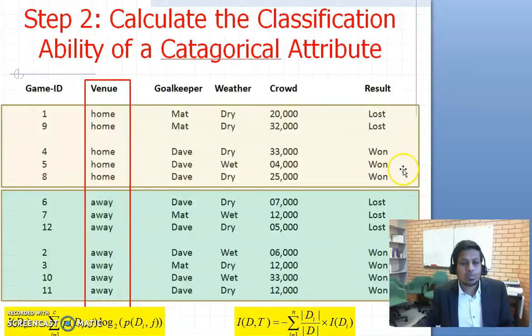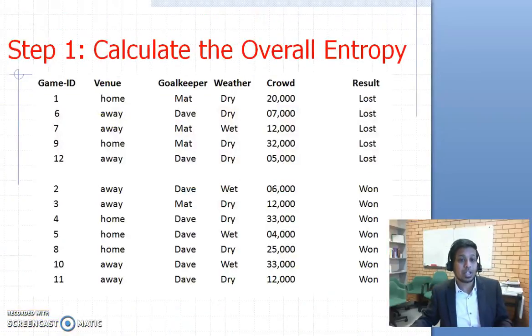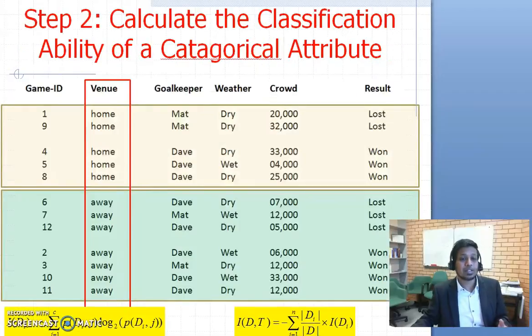Then we can calculate the overall uncertainty if the data set is divided based on the attribute venue, the weighted overall uncertainty for venue. It is expected that the uncertainty will drop because you are dividing the dataset into two separate segments, and the drop of uncertainty compared to the original uncertainty of the whole dataset is termed gain.